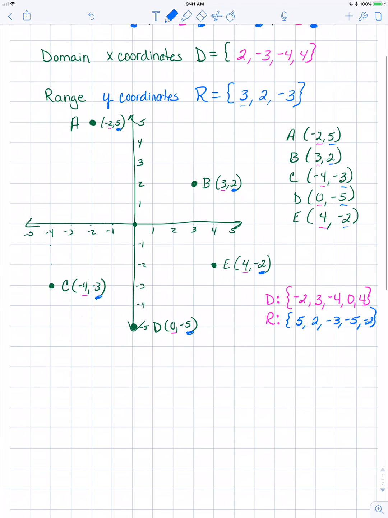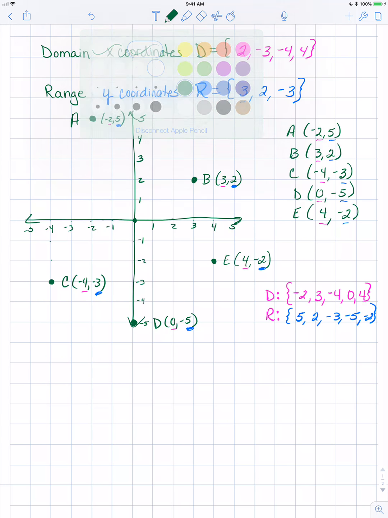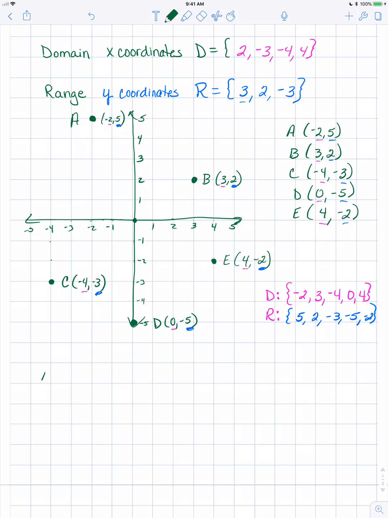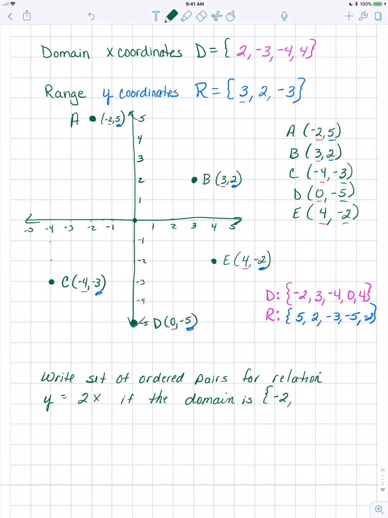Okay, so what if you have a question that asks you to write the set of ordered pairs for the relation y is equal to 2x if the domain is -2, 0, 1, and 3.